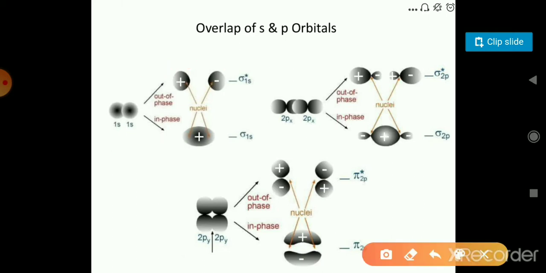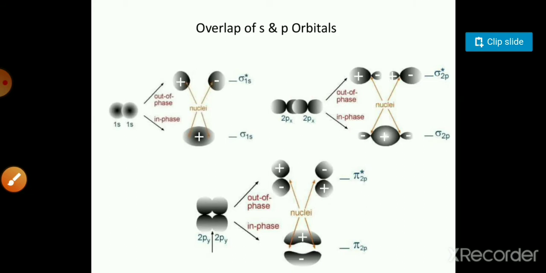For the second kind of interaction, you can see here that the 2px and 2px p orbitals are combined in phase and out of phase, and it will give sigma 2p for bonding and sigma star 2p for the antibonding.